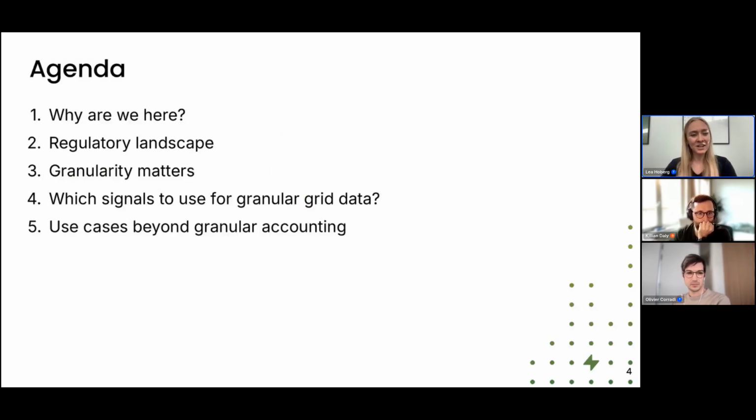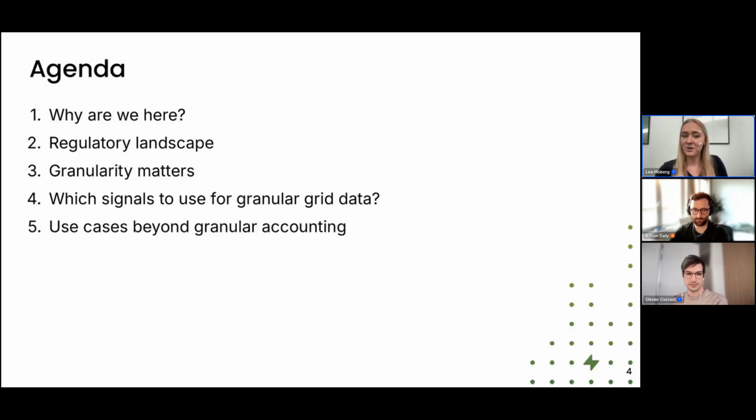The agenda for today, just super quickly before we dive into it: we'll start talking a little bit about why we're even here, why accurately measuring electricity emissions matters, and then we'll dive into the regulatory landscape and talk about granularity and why this is so important to have granular data.